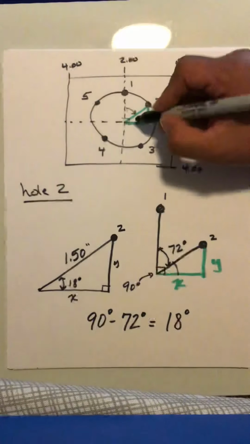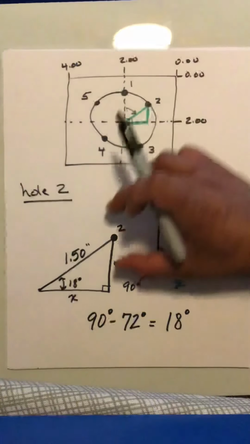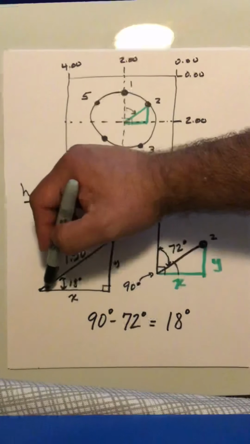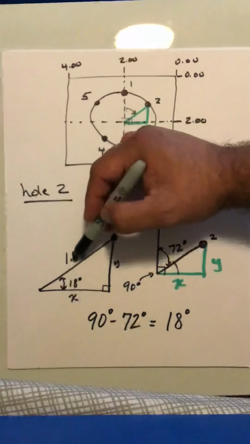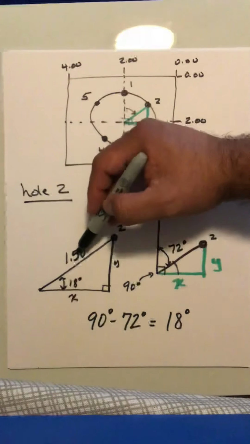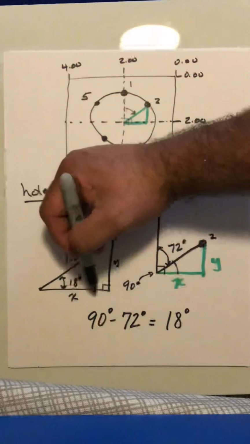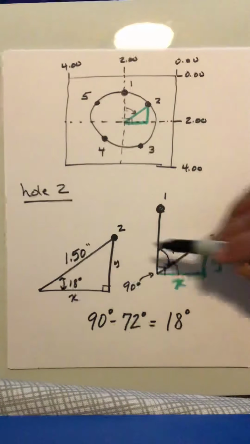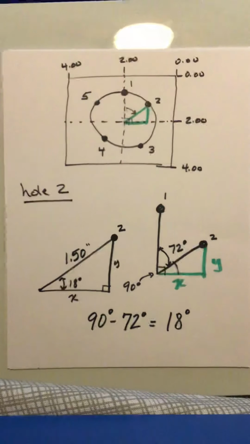And that 18 degrees is going to be this measurement right there. So from the center of the circle to the outside hole, that's my radius, or 1.50 inches. Now I find the measurement for X and find the measurement for Y. If I can do that, it can help me find the placement for 2.